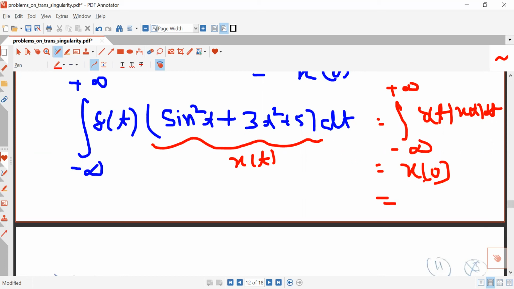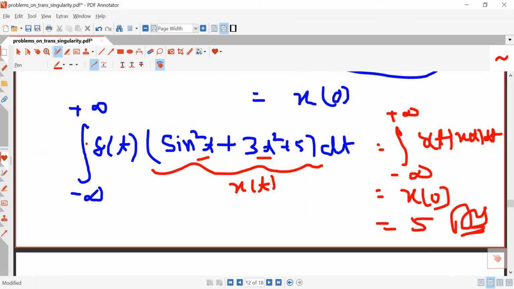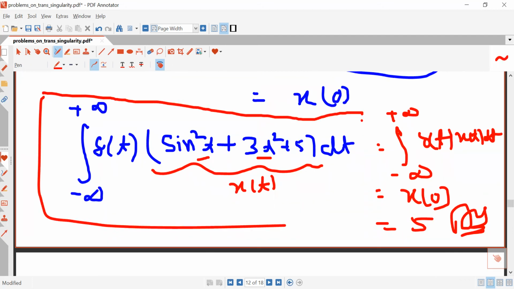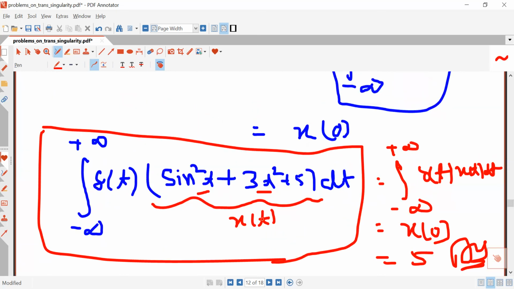You will get the value of x naught because x(t) is known. If you put t equal to 0, then you will get 5. So by using the shifting property, you can integrate this integral without the use of integration by parts. You can easily integrate it. So this is very important.